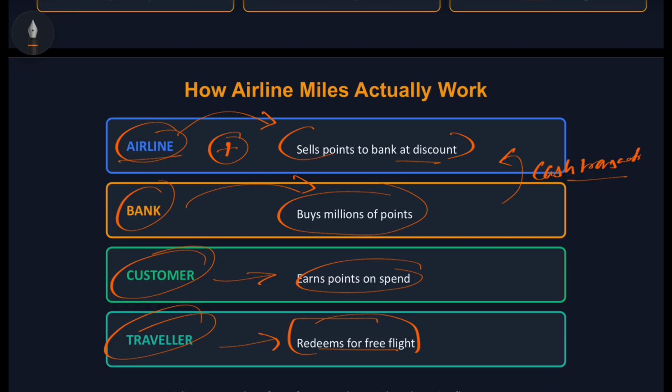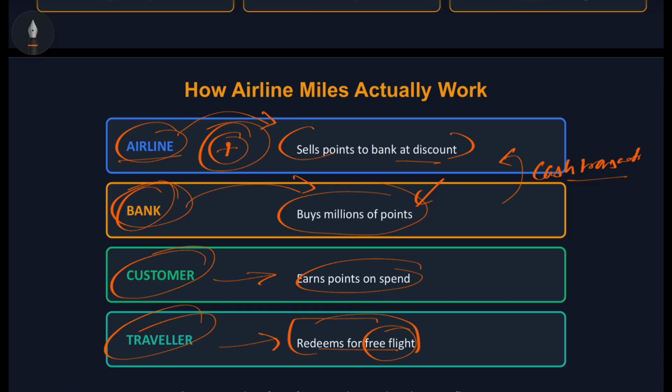The customer basically earns points on whatever he spends, and a traveler basically redeems them for a free flight, right? Now, for the free flight, did the airline get the money for the miles or not? Yes, it did. Did the banks benefit? Yes, they did, because they were able to buy these points. They kept some for themselves, and then they lent out the rest to get the rewards.